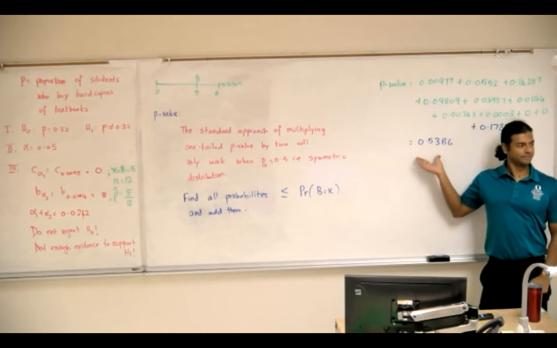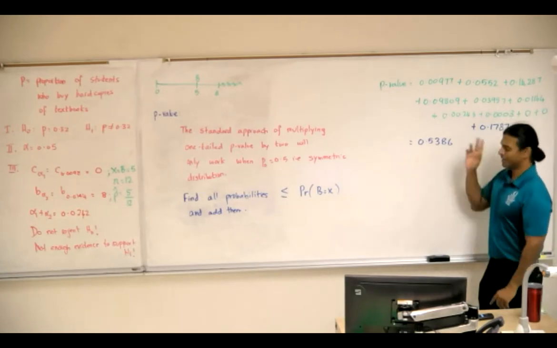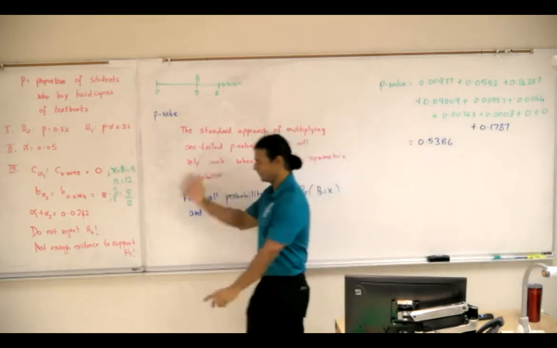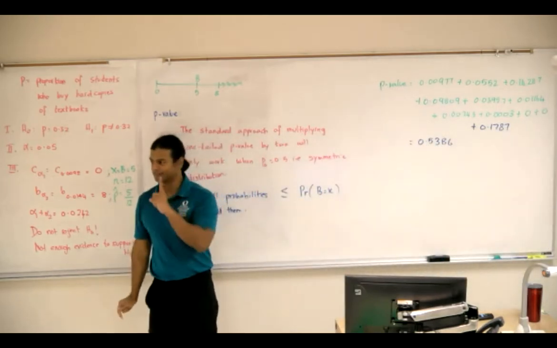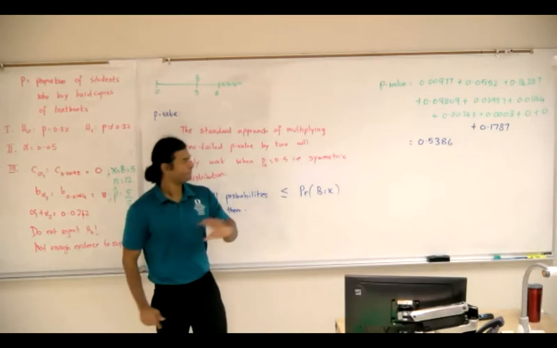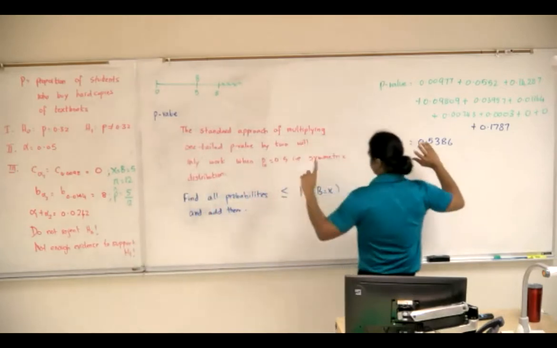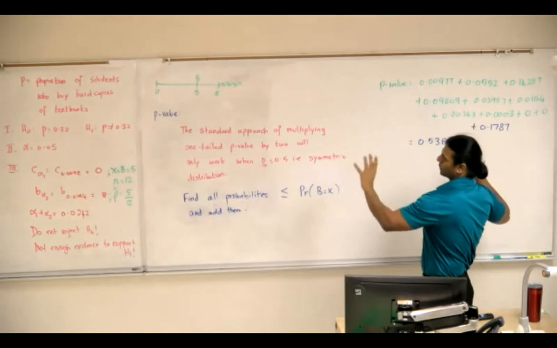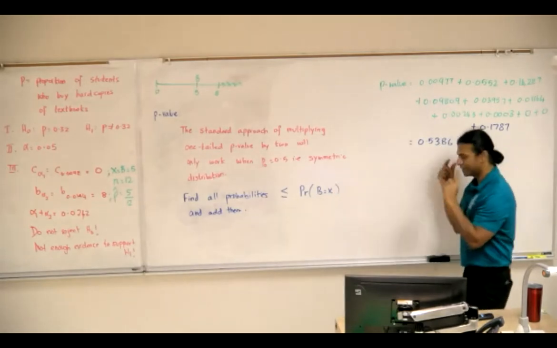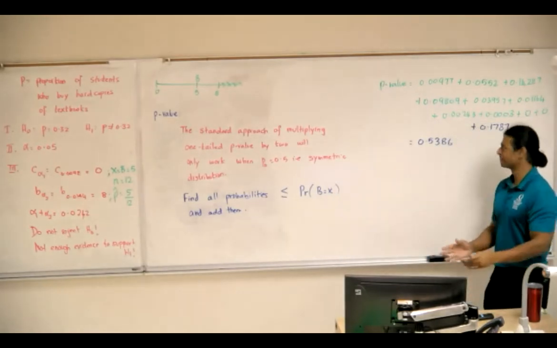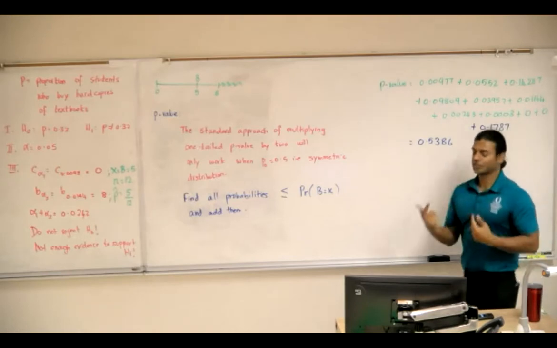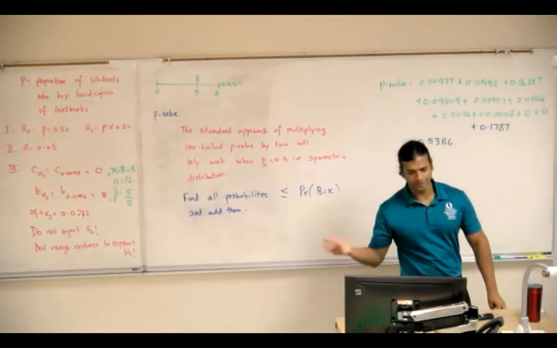Is that smart? No, absolutely not. So do not reject the null. Same conclusion. Yes? Does that make sense? So it doesn't matter which approach you do, the conclusion has to be the same. That's one way to check your work on an exam.